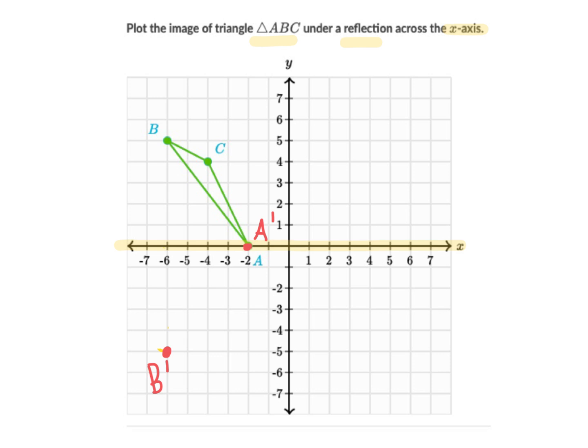So we reverse that and move 4 places flipped over the x-axis. So C prime would be right here at -4, -4. And then neatly connect to make your triangle. And it should look like a flipped image, which it does there.